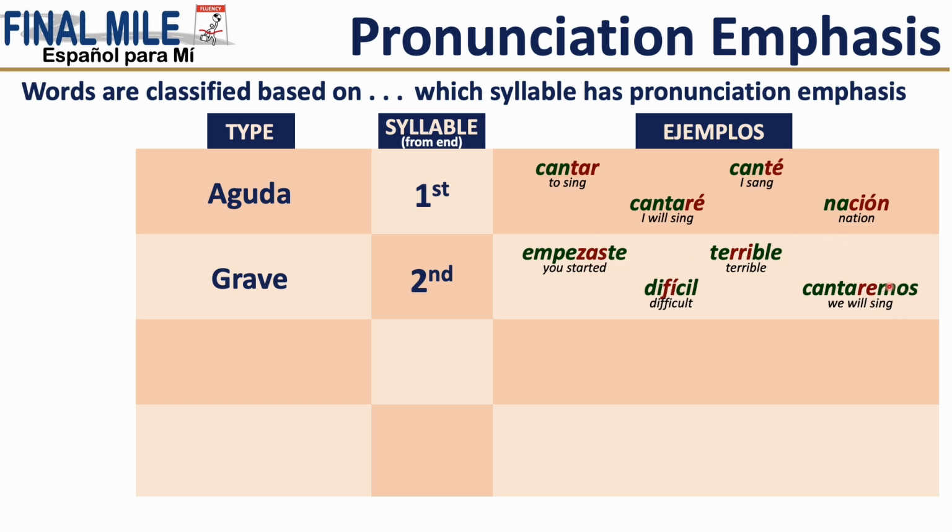The ones that don't have an accent, it's the default, right? It ends in a vowel or N or S. In this one, it has an accent, so we don't question anything. It doesn't matter what it ends in. If it has an accent there, then that's where pronunciation emphasis goes. So I want you to look at the word, try to figure out on your own where to put pronunciation emphasis, and then verify that with my pronunciation.